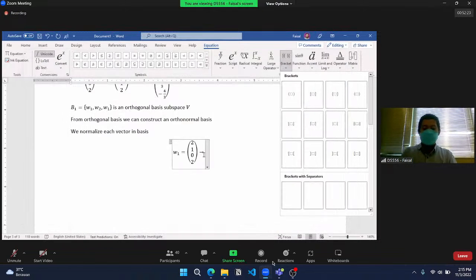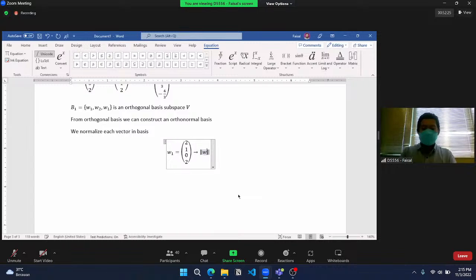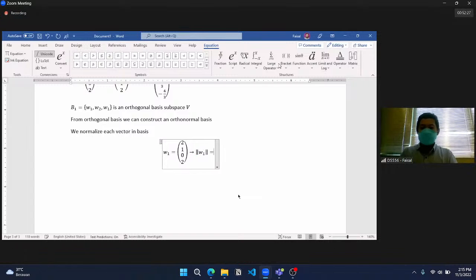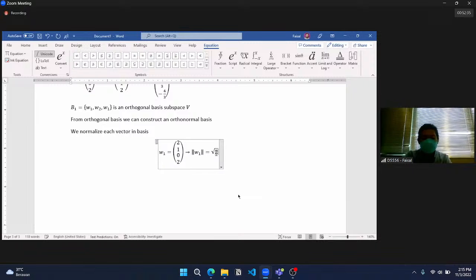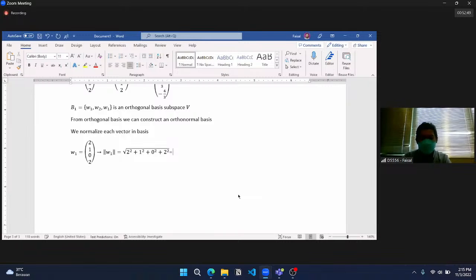Okay, double bracket. So the norm of W1 is the square root of 2 squared plus 1 squared plus 0 squared plus 2 squared. 4 plus 1 plus 0 plus 4 is 9, so the square root is 3.